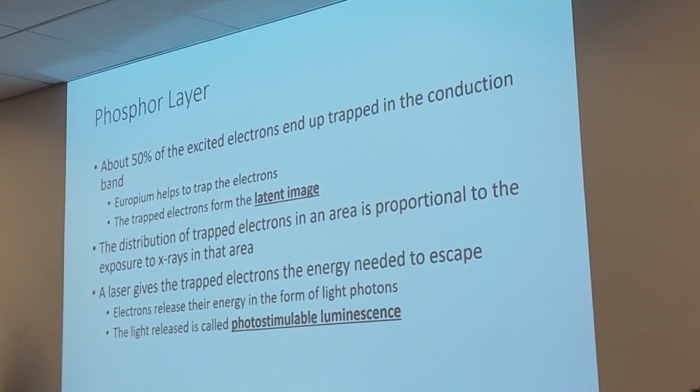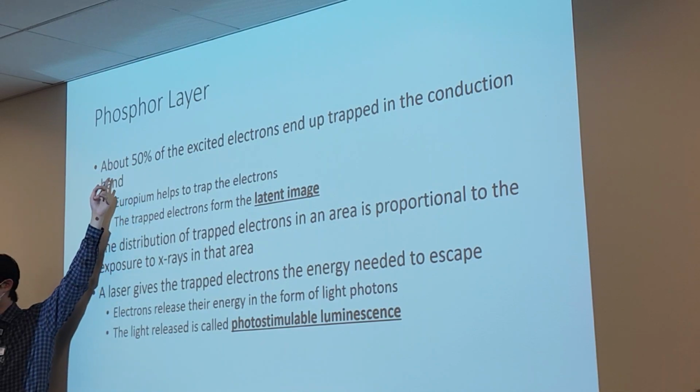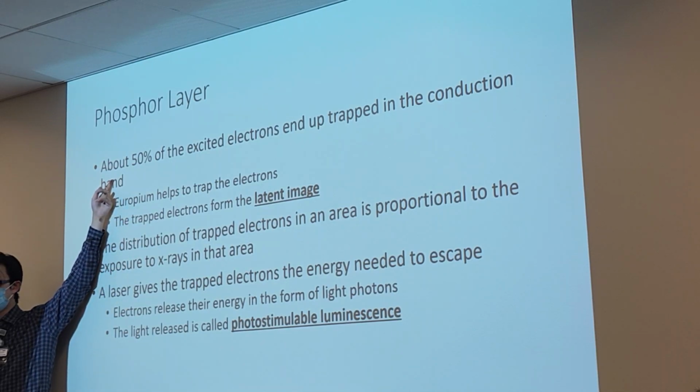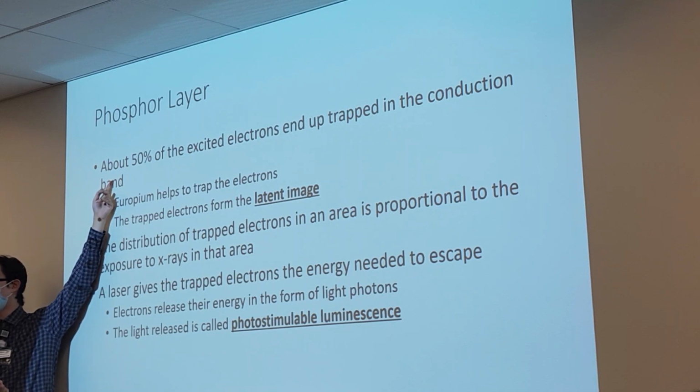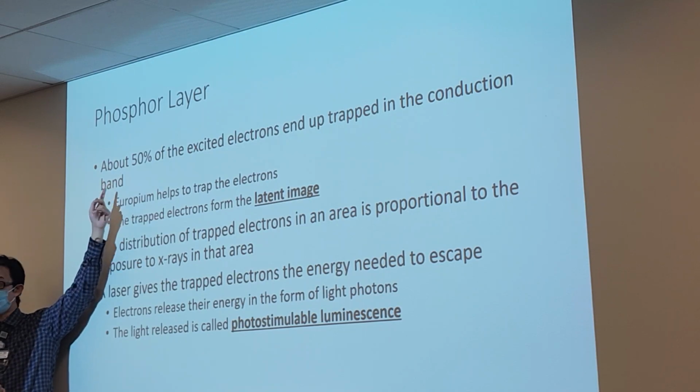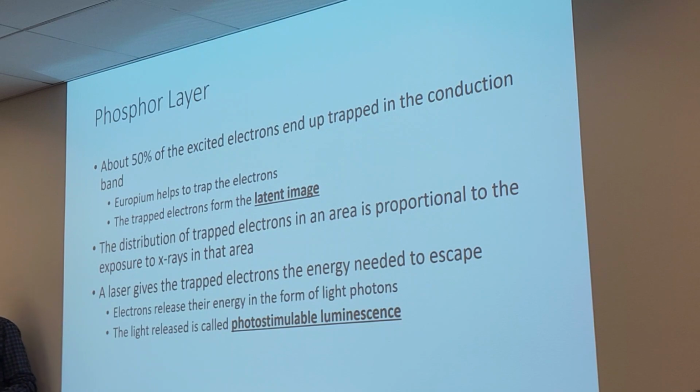Because now of those X-rays we produced, only 50% of them will actually create the image on our PSP plate. Half of them will immediately cause electrons to get excited and relax, and we can't capture them. They just excite and relax while inside the bucket.